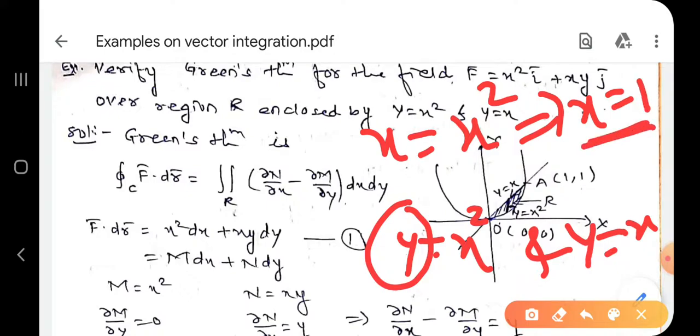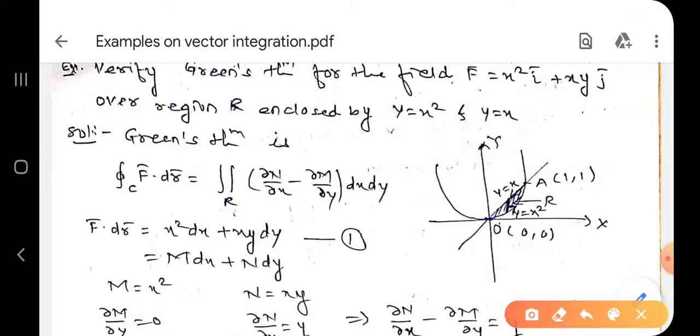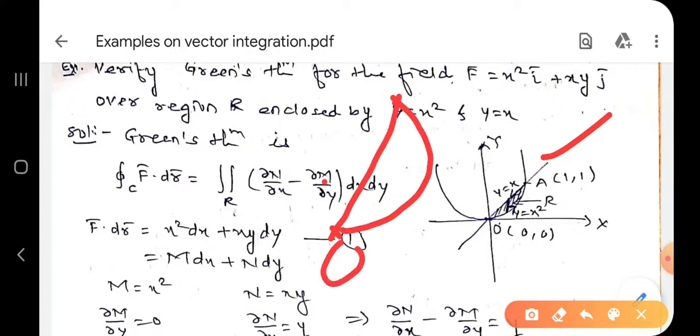So x equal to 1, y equal to x, so y is also 1. I get the point (1, 1). So the coordinates of point A are (1, 1). And here we get this part between (0, 0) to A, means O to A, and this part is our required region.